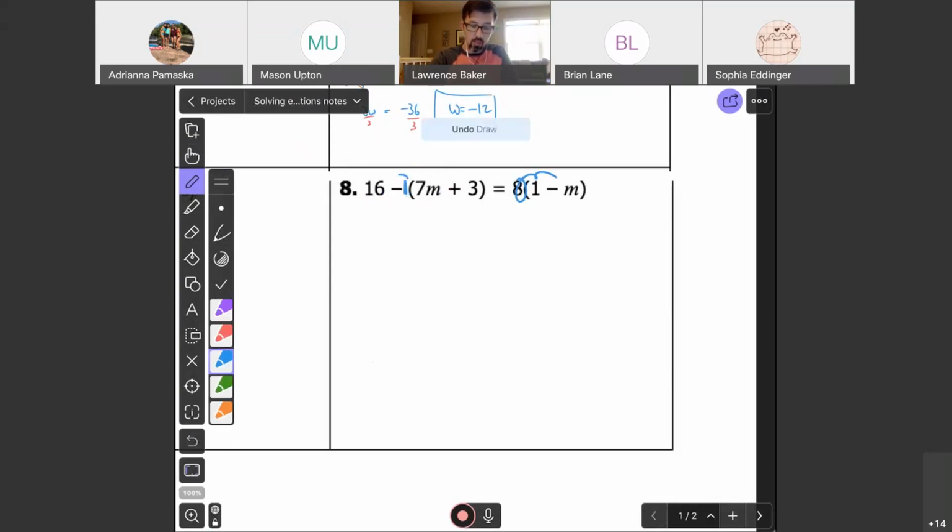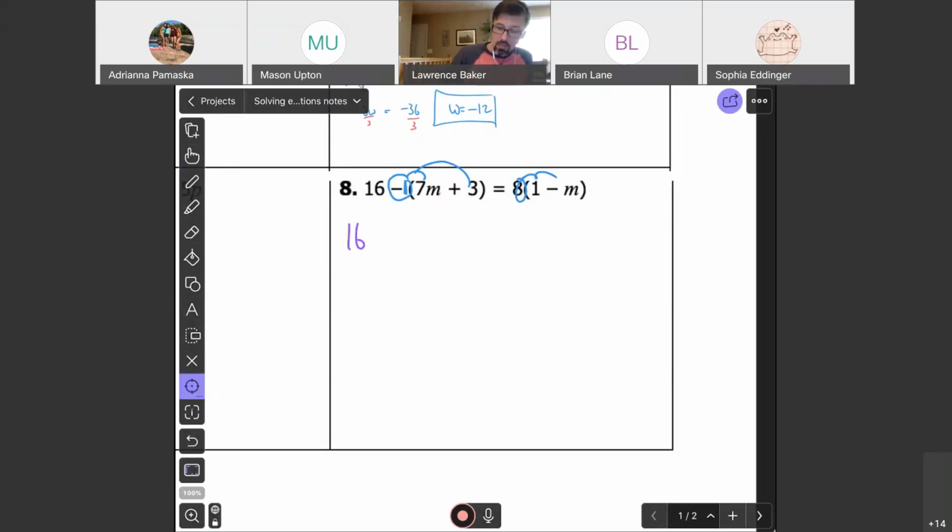So there's just a negative 1 out here that's going to distribute. The 16 is not multiplying; it's subtracting. So that's not going to happen. It's not going to change anything. Since we're distributing a negative 1, not much is really going to change except for those signs. So now I'm going to have negative 7m and negative 3 here.